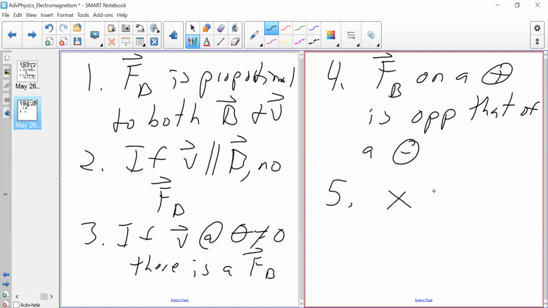If in fact we have a magnetic field that goes into the page like this, and we have a velocity at some angle, then the magnetic force will be proportional to the sine component of the velocity, because the sine component of the velocity is going to be perpendicular to this guy. That's going to produce a magnetic force.